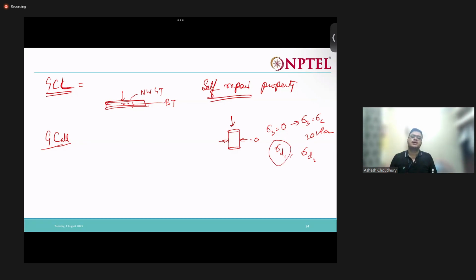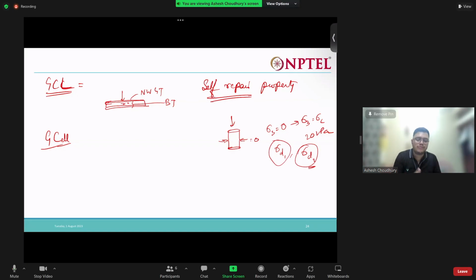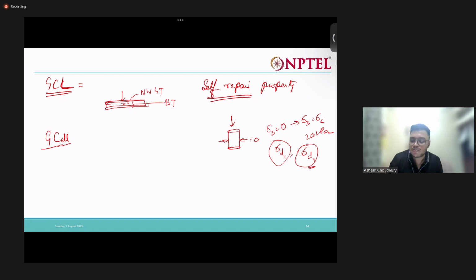Then we put some confining pressure on the soil sample and do the test. Obviously this sigma d2, the failure deviating stress for the second case, will always be more, right? Why? Because of the confinement effect, isn't it?